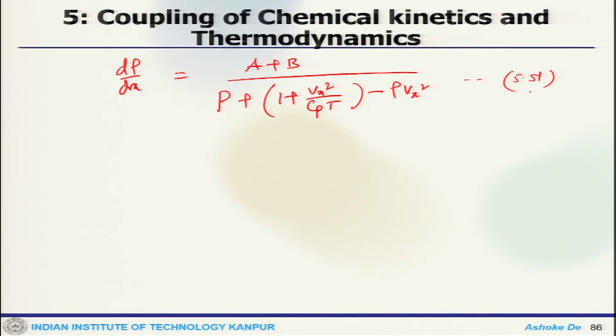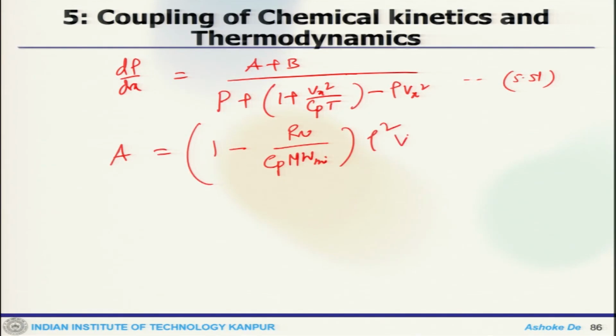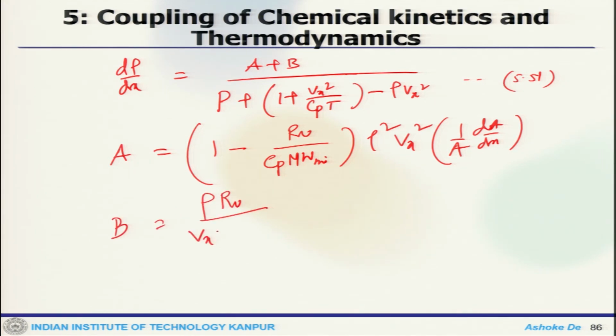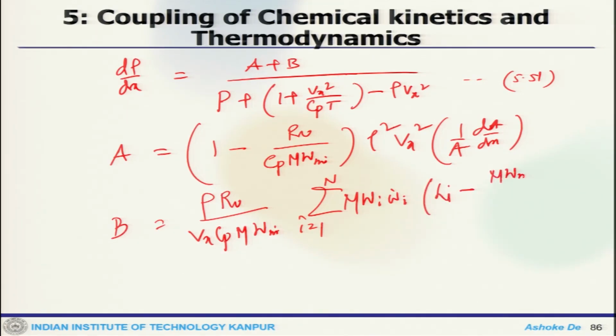This is what you get, where A equals 1 minus Ru over Cp MW mix, times rho square Vx square, times 1 by A dA by dx, and B equals rho Ru Vx over Cp MW mix, times the summation from 1 to n of MWi omega dot i hi minus MW mix over MWi Cp T. So, this is what you get, and we will stop here and finish the rest of the derivation in the follow up lecture. Thank you.